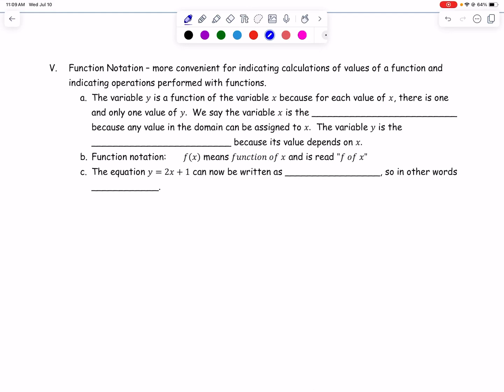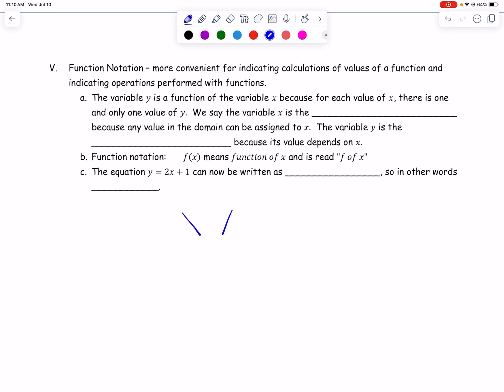All right, this is Math 101, finishing off section 10.5. So we're going to talk about function notation, where we're going to replace the variable y with a variable in parentheses and x. So you want to think of a function as like a machine, okay?